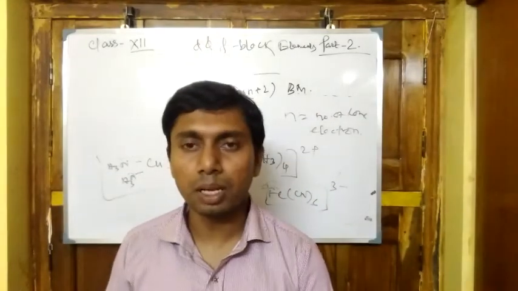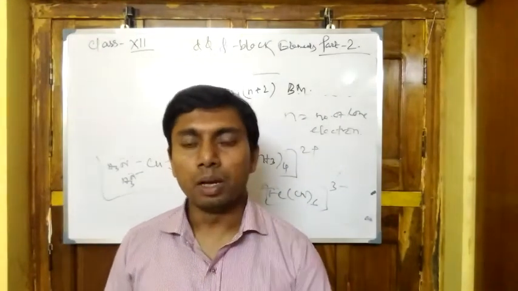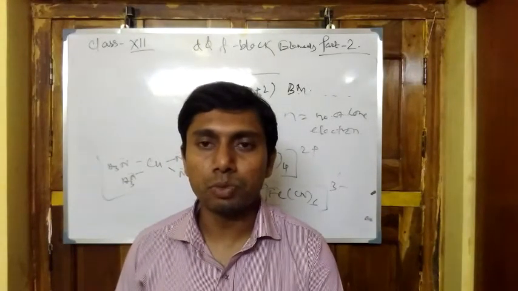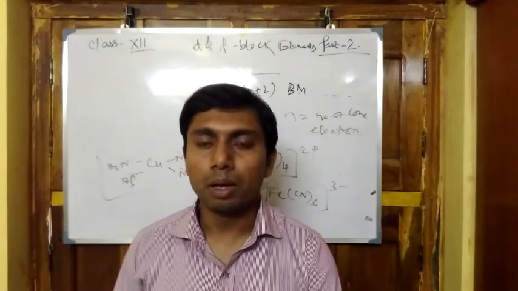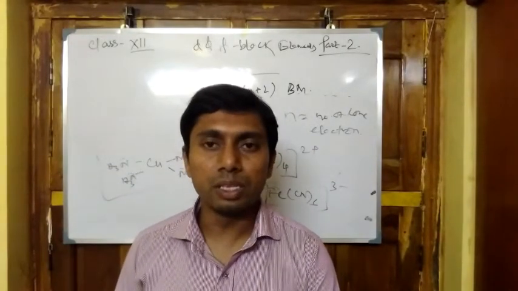So what is the reason behind color? It is the electronic upliftment and then the return back to the ground state, and as there is a difference in energy, it will emit a wavelength of radiation which we see in the visible range.